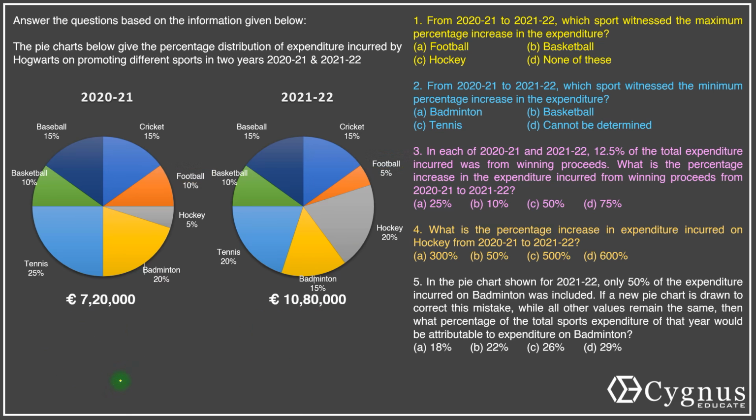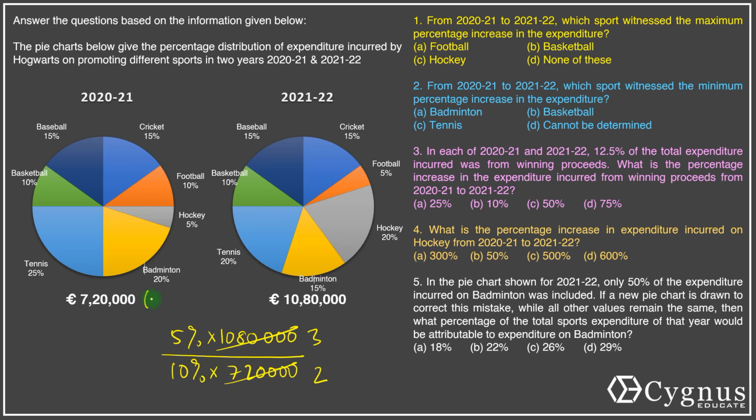So essentially the calculation becomes 5% of 10 lakh 80,000 euros is what percent of 10% of 7 lakh 20,000 euros.